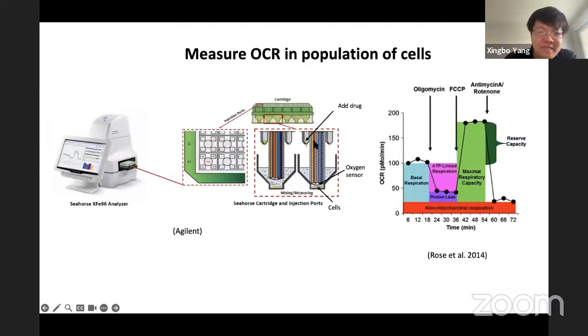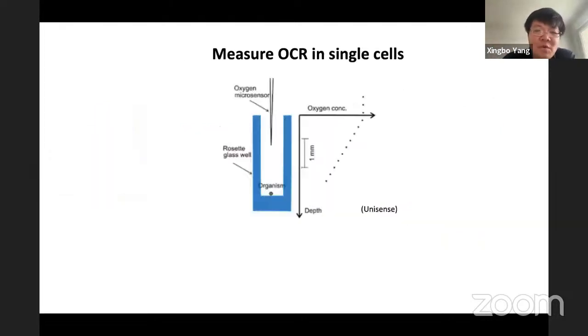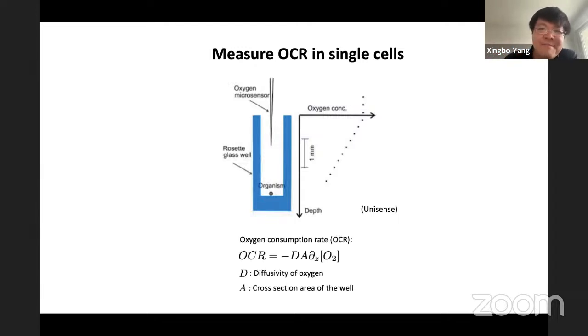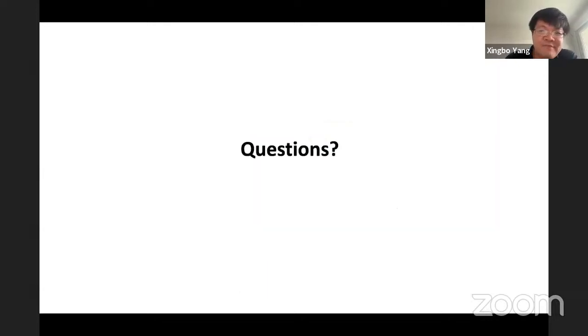I'm not going to even tell you what exactly the mechanism is, but you can measure OCR of a population of cells using a commercial device, or you can measure it at the level of a single cell, or in this case maybe a single oocyte, which is a big cell, or actually a couple of them to make the signal better. But I'm not going to go into too much detail about those techniques. Maybe Yash can help me out later.